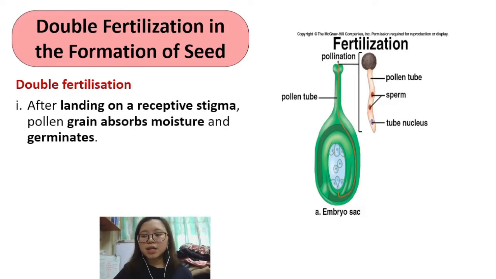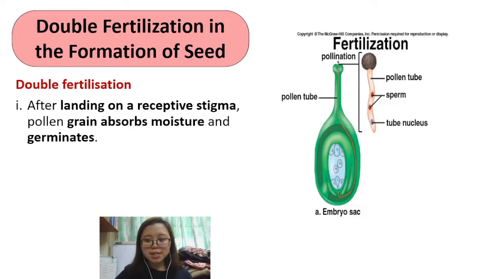Okay, so let us learn about the step-by-step process of what happens for double fertilization. Okay, first step, you need to let your pollen grain arrive at your stigma. So, bunga itu boleh disebarkan dengan berbagai cara, boleh juga disebarkan oleh angin, disebarkan oleh air, disebarkan oleh kumbang-kumbang dan sebagainya.